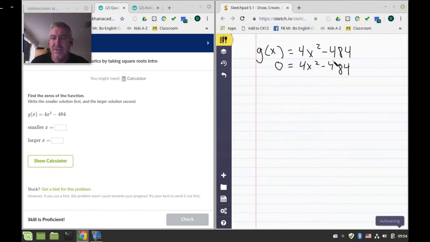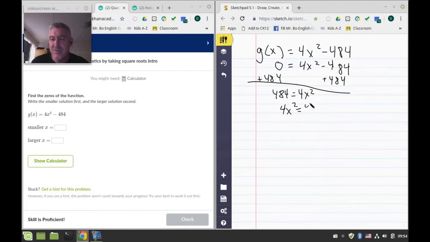So what's our first step here? I'm going to add 484 to both sides, and now I've got 484 is equal to 4x squared, and I'm going to rewrite that as 4x squared equals 484, and that's my step 1.